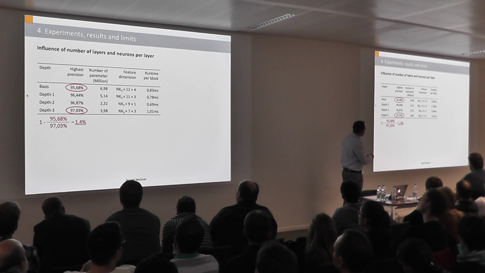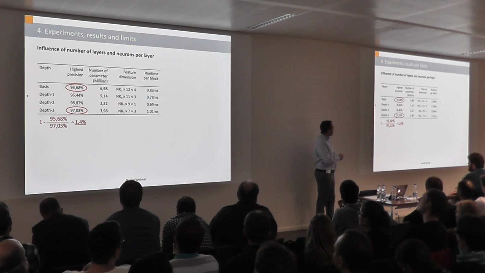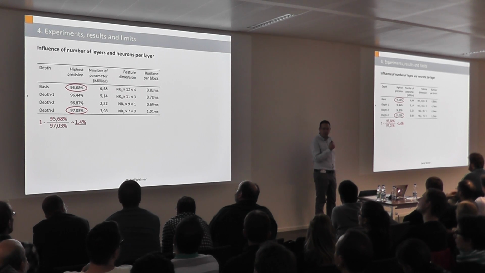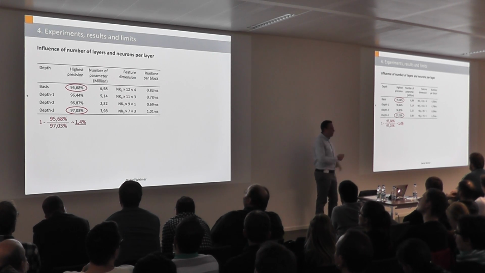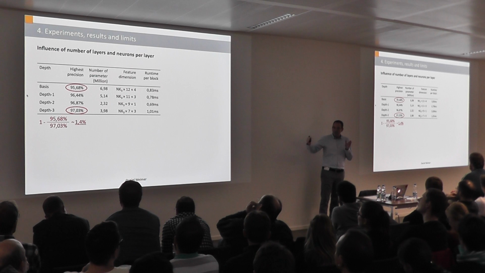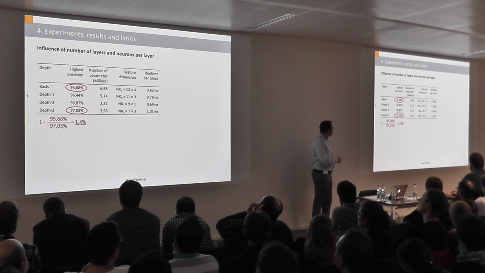And what is very interesting is that in the basis network, the number of parameters, the number of neuron weights, is approximately 7 million. So 7 million weights we have to optimize. In the DEF3, so in the network with many more layers, we only have roughly 4 million.